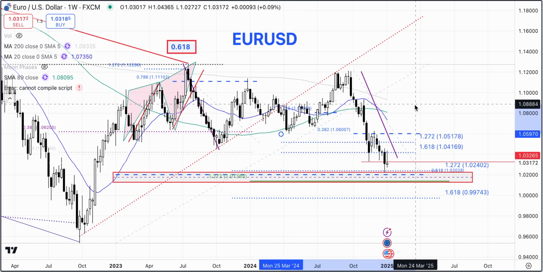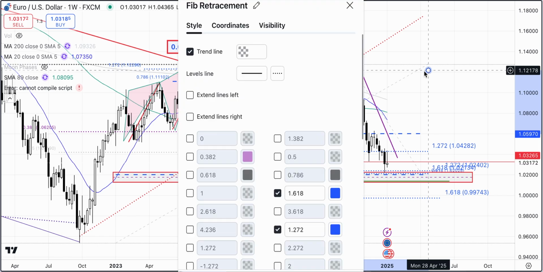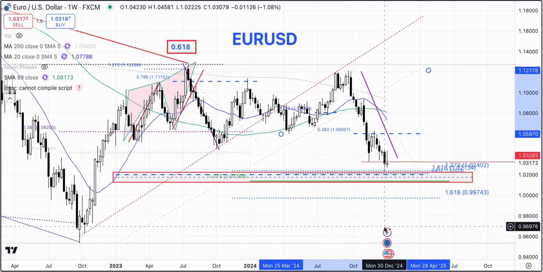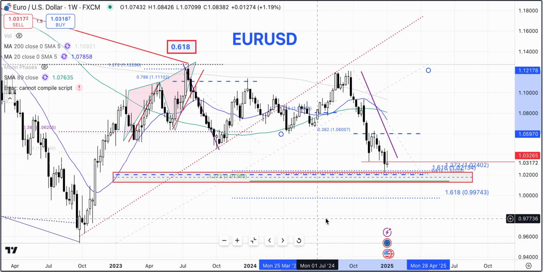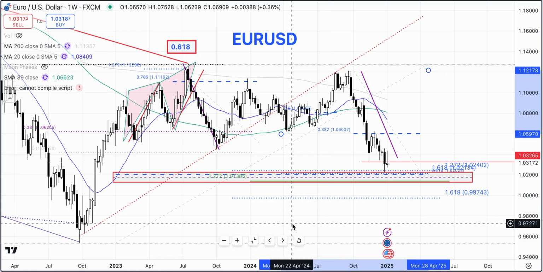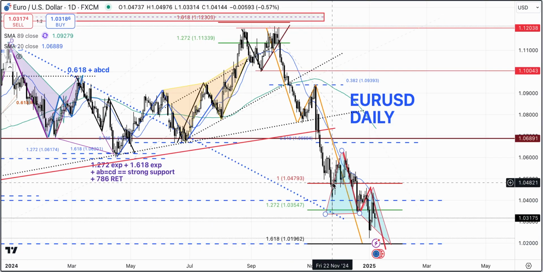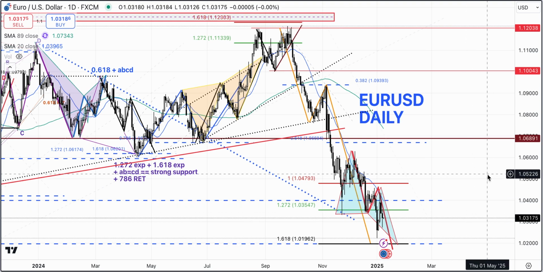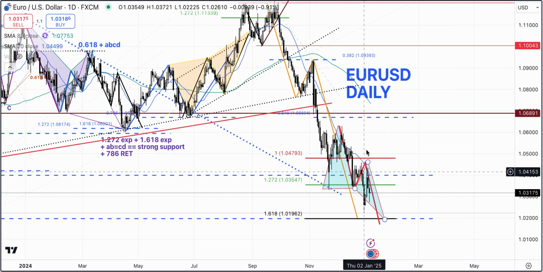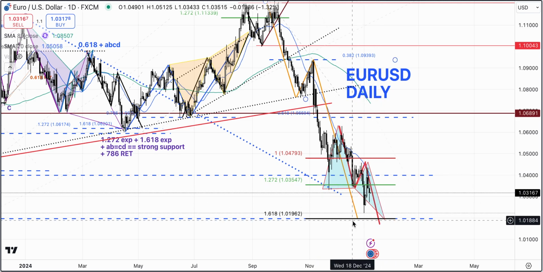This is the level, very, very close to where it is trading right now. So let's just keep on paying really close attention to the 1.02 level, maybe a little bit lower here. Again, best to wait for the non-farm payroll data coming in on Friday. And there is a chance that we also have this smaller ABCD, and basically this pattern formation right here around the 1.02 level.